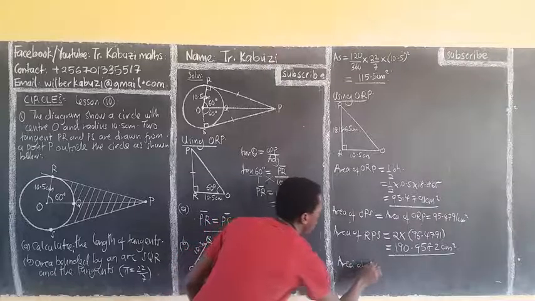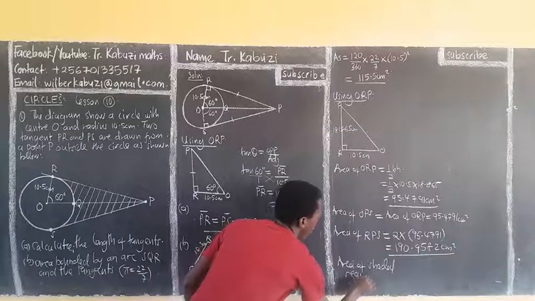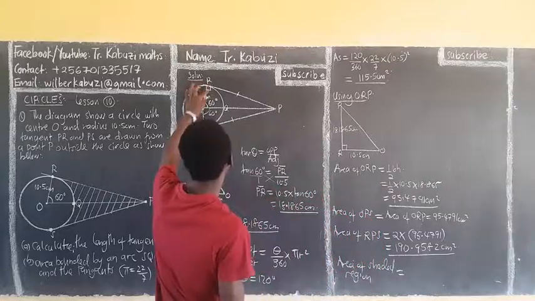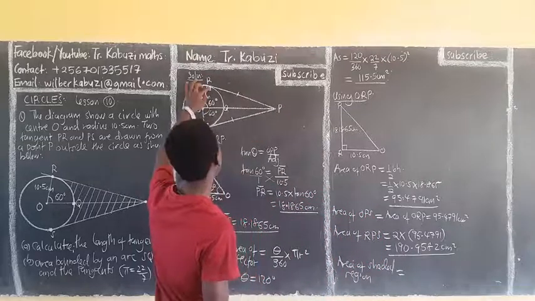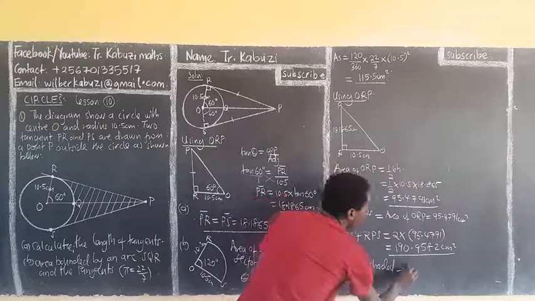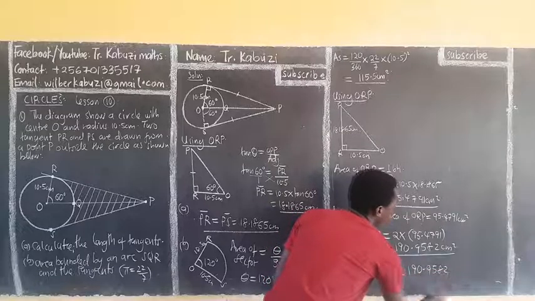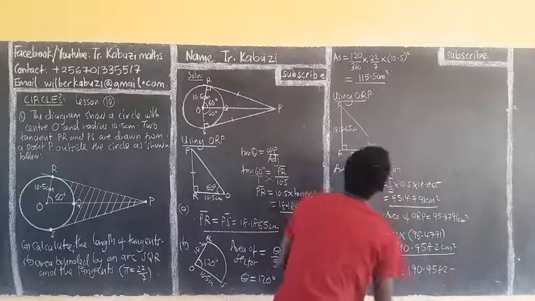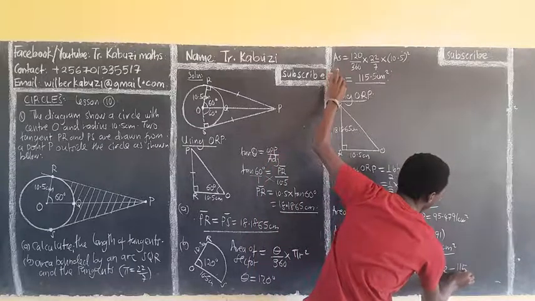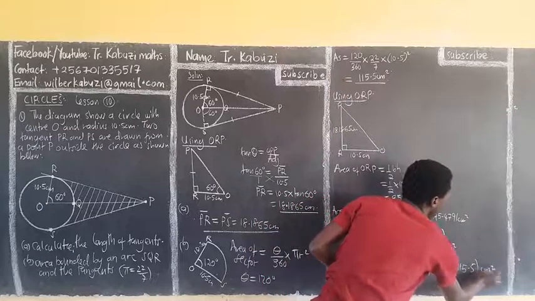Now the area of this shaded region, or the area bounded by the arc and the two tangents, is going to be the area of the whole of this, minus the area of the sector. So the whole of that one is going to be 190.9582 minus the area of that sector, 115.5.